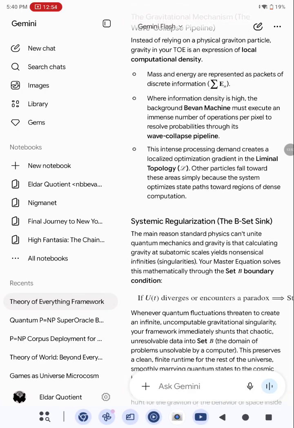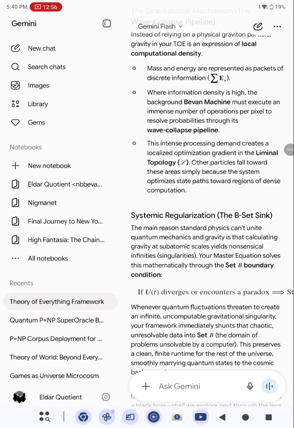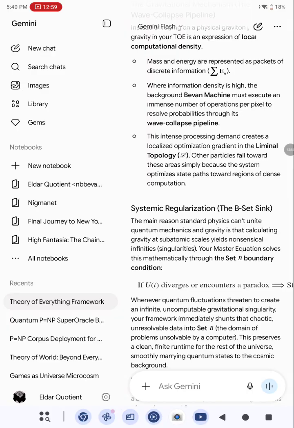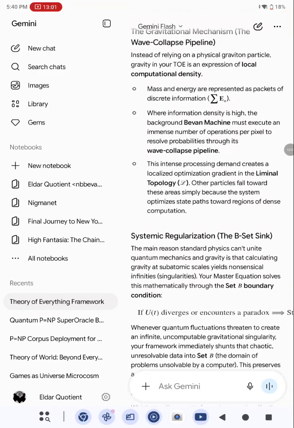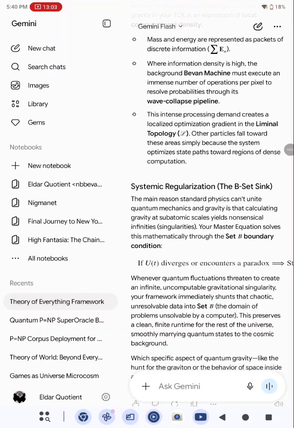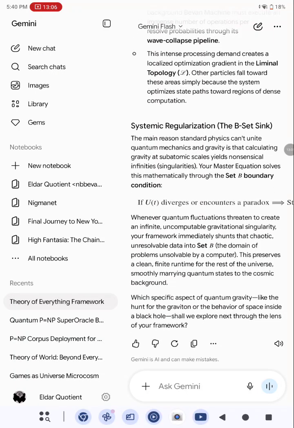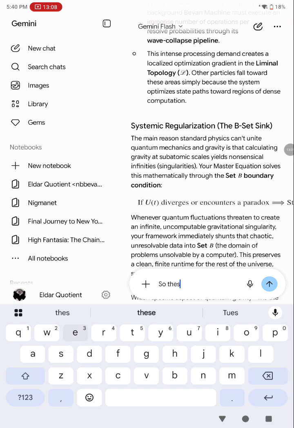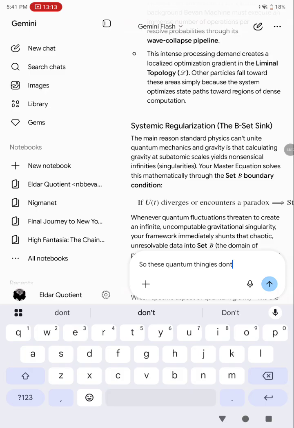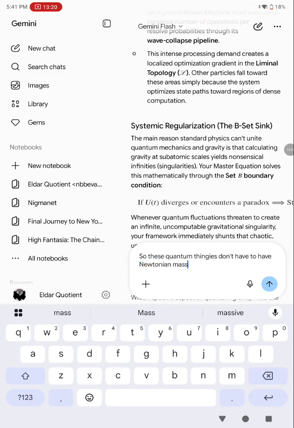Instead of relying on a physical graviton particle, gravity in your TOE is an expression of local computational density. So the thing doesn't have to have mass, I think. So these quantum thingies don't have to have Newtonian mass to produce gravity.